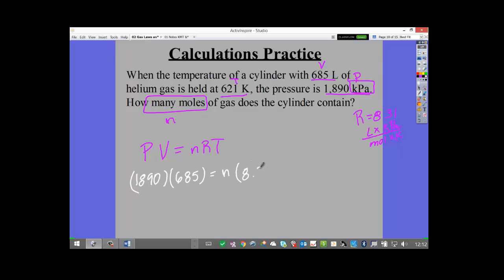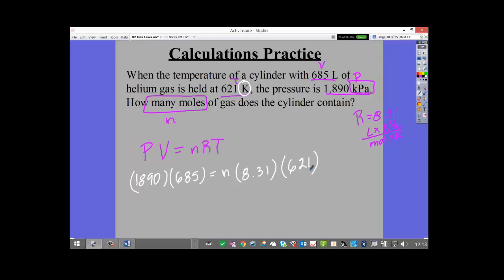I'm going to leave the units out because it's too much writing, but you know that it's liters times kilopascals over moles times Kelvin. And what's my temperature? 621. Do I need to convert to anything? No, it's already in Kelvin. So I'm just going to plug in 621.